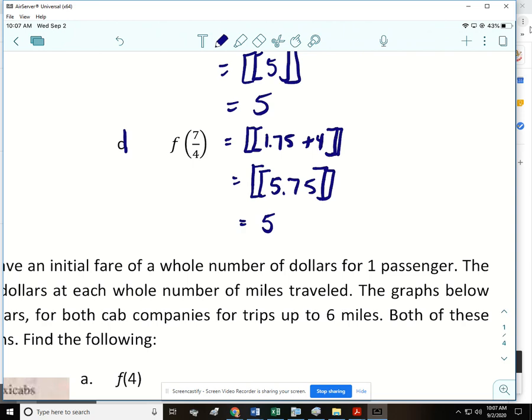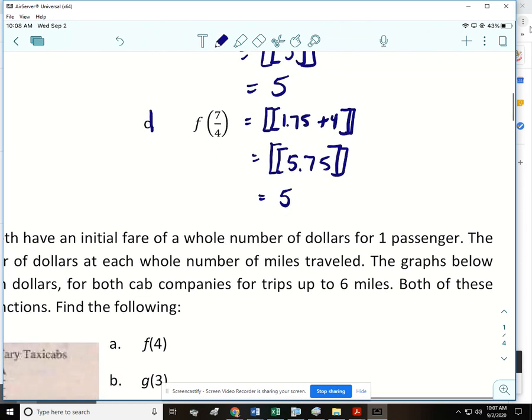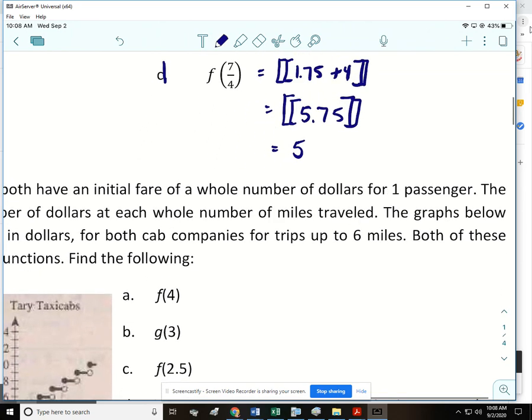All right, so we end up with 5.75 inside the brackets. The greatest integer less than or equal to 5.75 is 5.